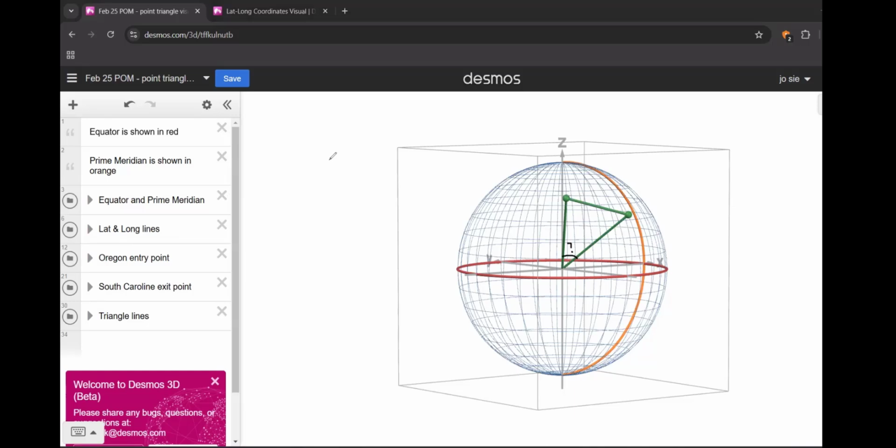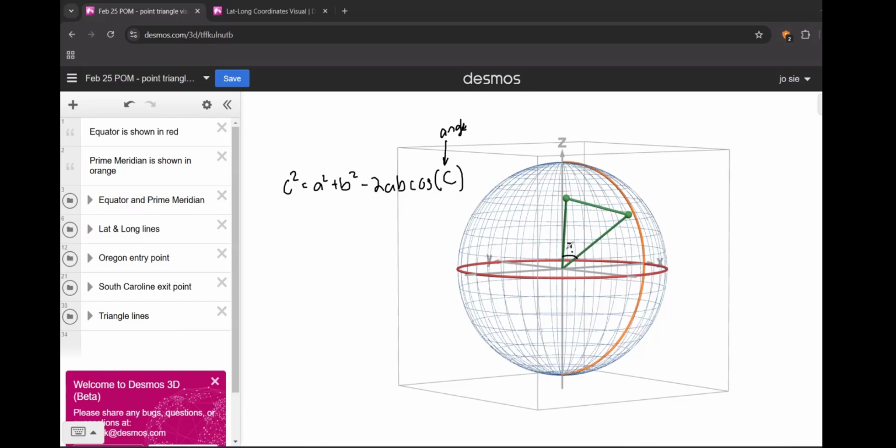The law of cosines is going to be c squared equals a squared plus b squared minus 2ab cosine C, and we usually use a capital C, which is kind of hard to distinguish when I'm writing by hand. This is the angle across from side c.